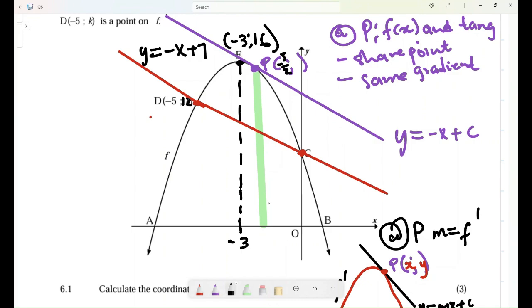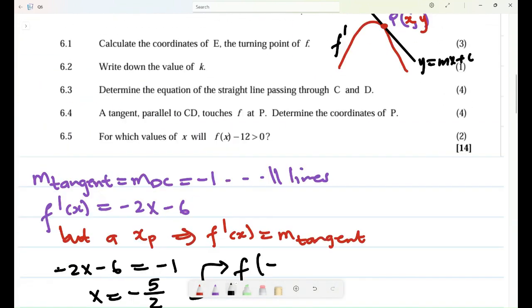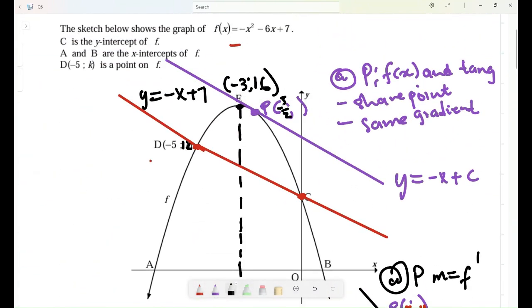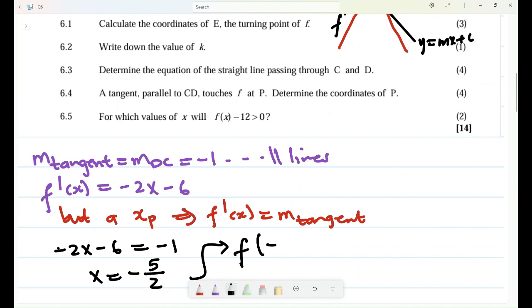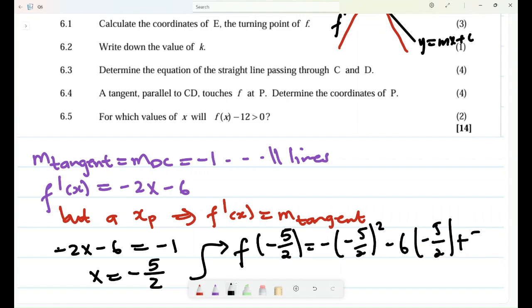All right. So how do I get my y? I get my y by substituting this x value into the original function, because it is still a point on the f of x part, right? I believe you are following. So I'm going to say f of negative 5 divided by 2 is equal to, I'm going to substitute now, negative into negative 5 divided by 2 all squared minus 6 into negative 5 divided by 2 plus 7.